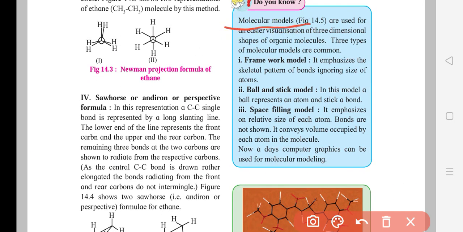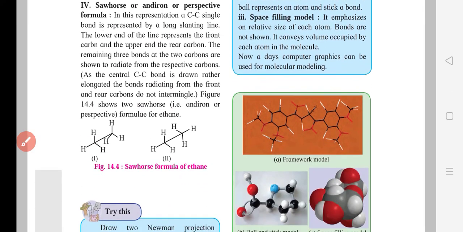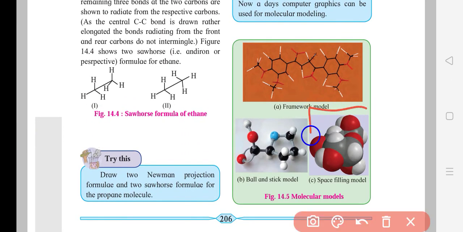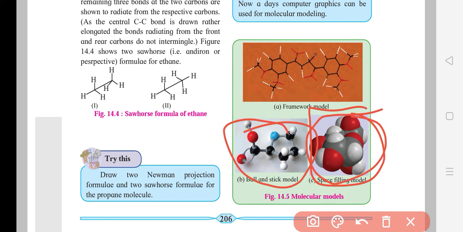One is a framework model, another is a ball and stick model, and the third is a space filling model. This is the diagram of a space filling model. You can observe the space occupied by different atoms. ये उसका diagram है, और ये वाला diagram ball and stick model का है, different atoms के लिए.